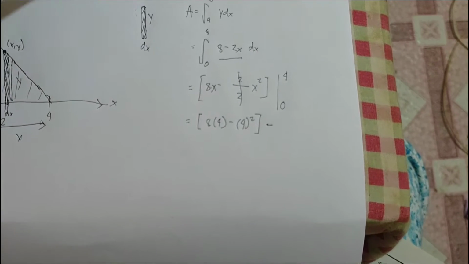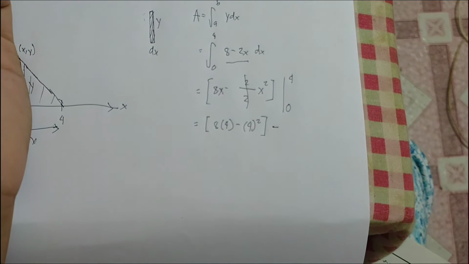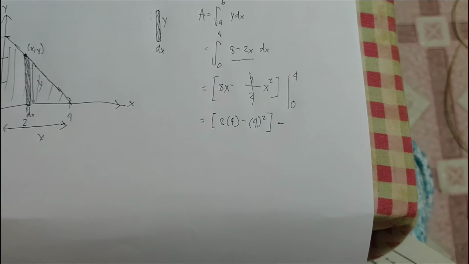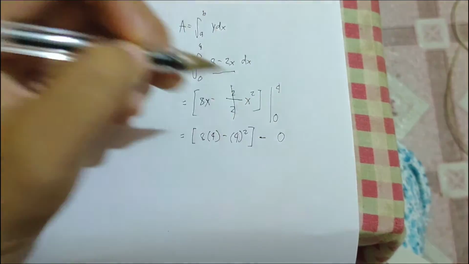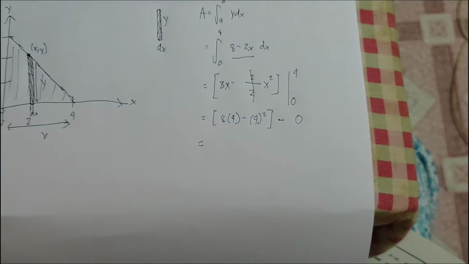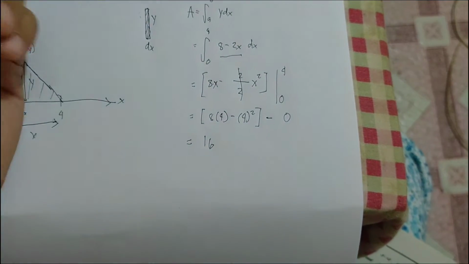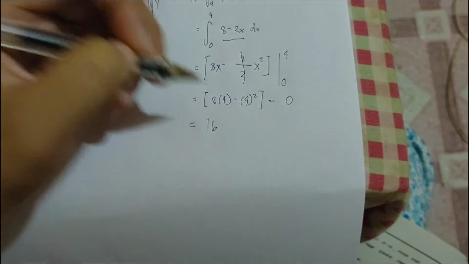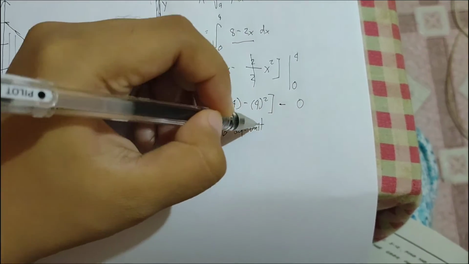And if we plug in 0 to x squared, it will be 0. So to simplify and to lessen our problem, we'll just write 0. And our final answer is 16 square unit.